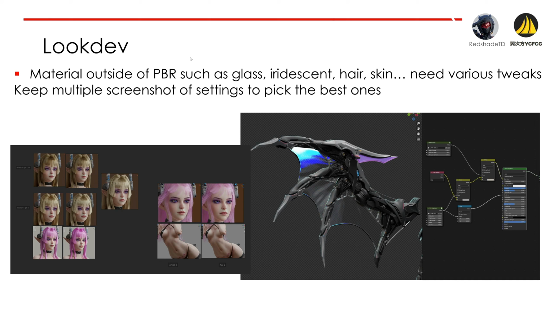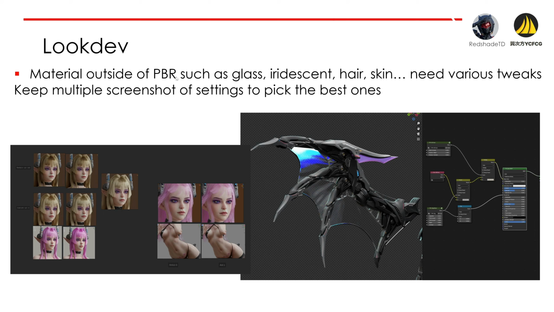Textures from Substance Painter are mostly PBR textures, physically based rendering. So anything like metal and non-metal surfaces, such as steel or plastic or brick, and any PBR surfaces like that, Substance Painter can handle very well.